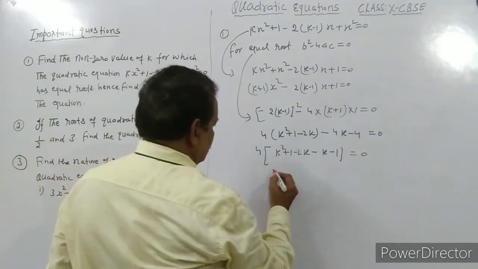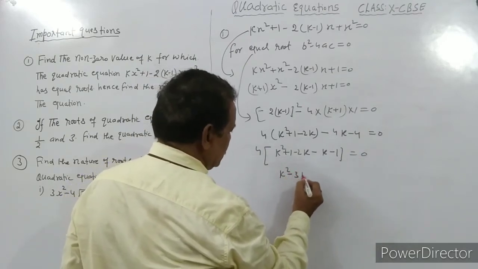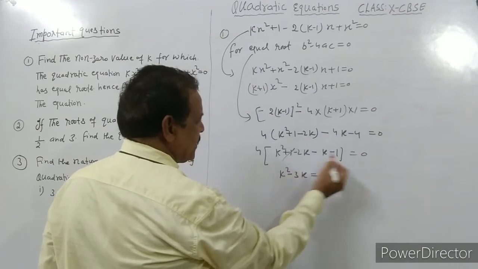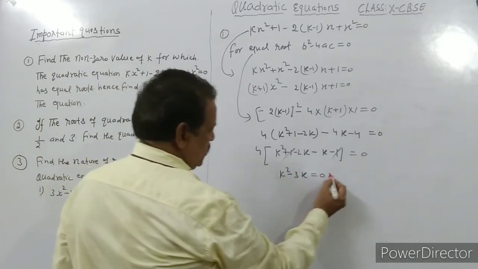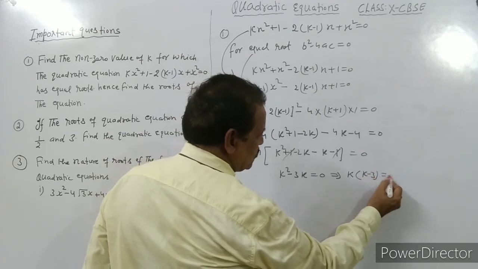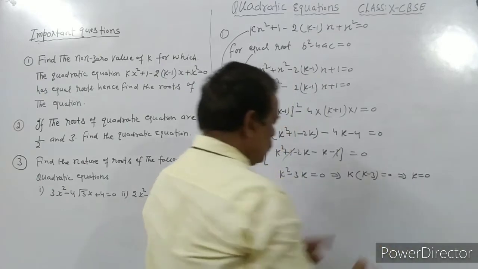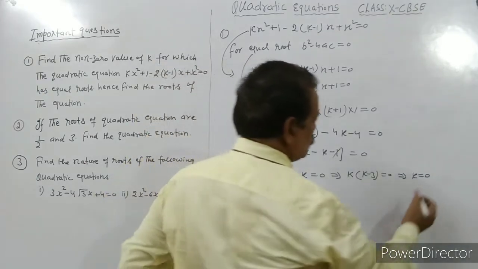So 4 goes to 0. So k square minus 3k is equal to 0, 1 and 1 cancel. This implies k is common: k into k minus 3 is equal to 0. This implies that k is equal to either 0 or 3.